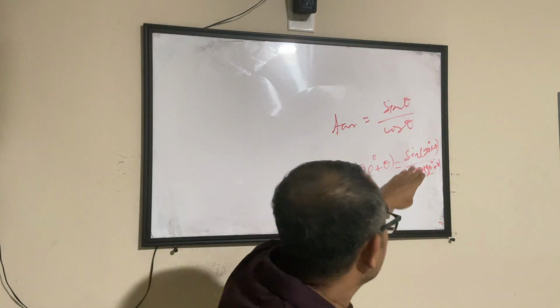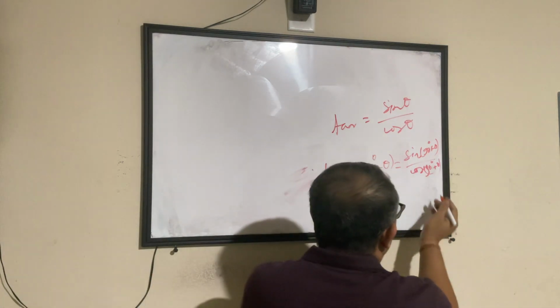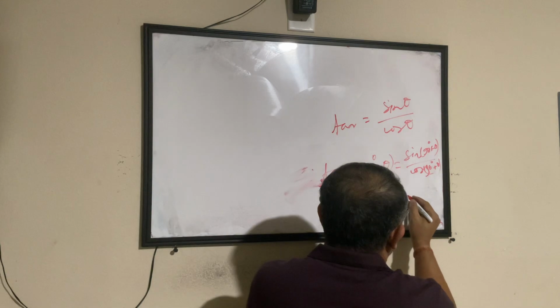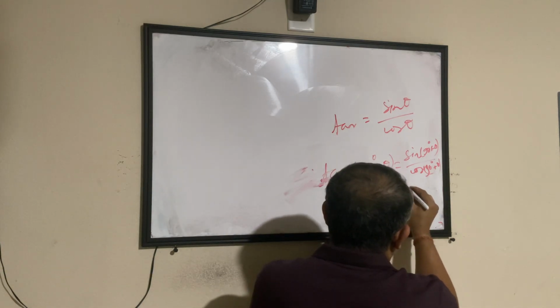So here you know that sine of 90 degree plus theta will be equal to cos of theta, and cos of 90 degree plus theta will be equal to sine of theta.